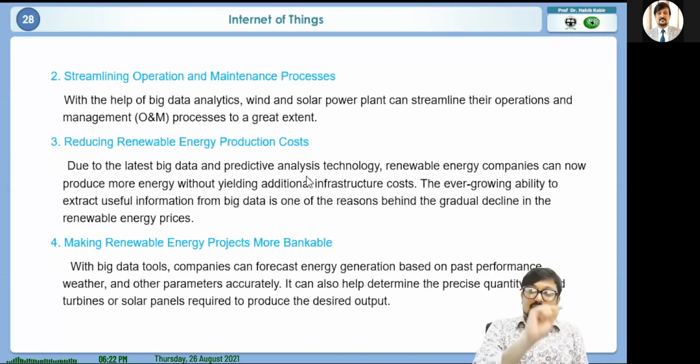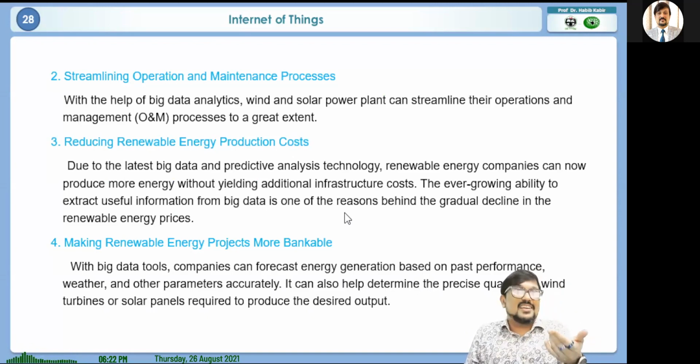I'm just giving these points as food for your thoughts. Just try to know, because I'll give you the slide. I'm not going into detail. If you want to discuss, you can think and discuss with me anytime. Due to big data, we can think about how the energy and other things can be.